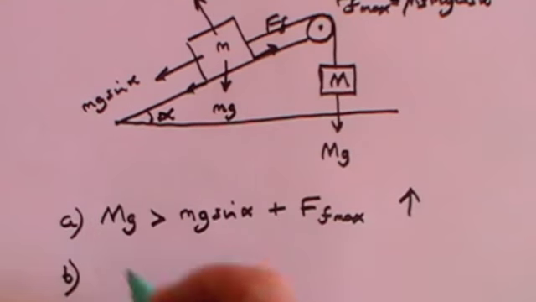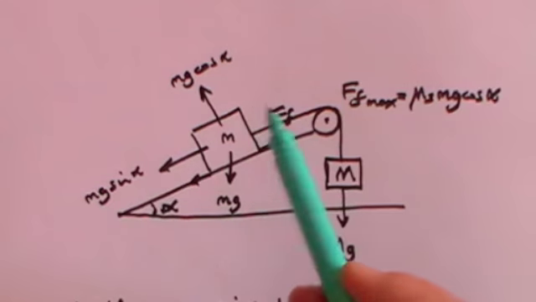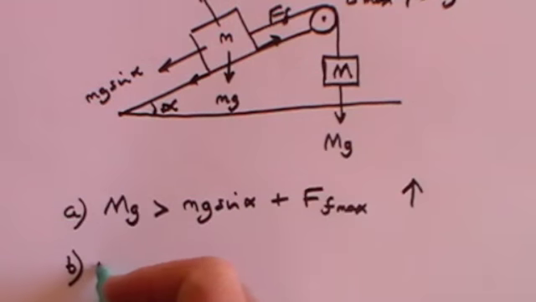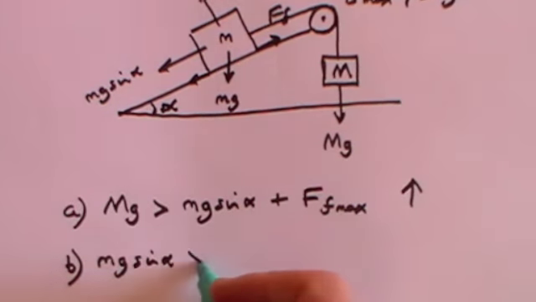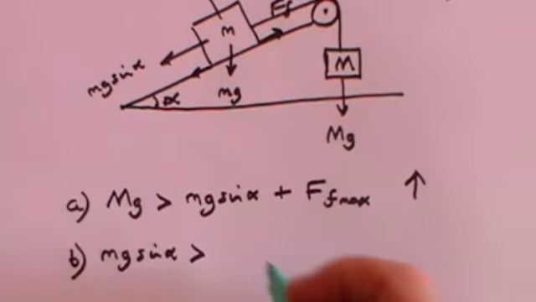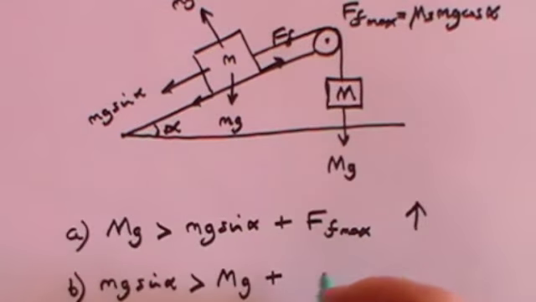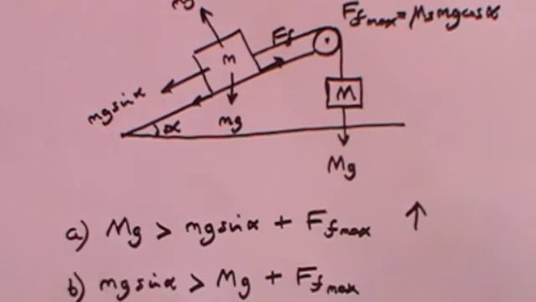The second possibility is precisely the opposite, that in fact this force downwards is greater than the forces acting upwards. So the force downwards, mg times sine alpha, must be greater than the forces acting upwards, which will be the mass Mg plus the frictional force, because now that is opposing the movement downwards, so it's acting upwards.